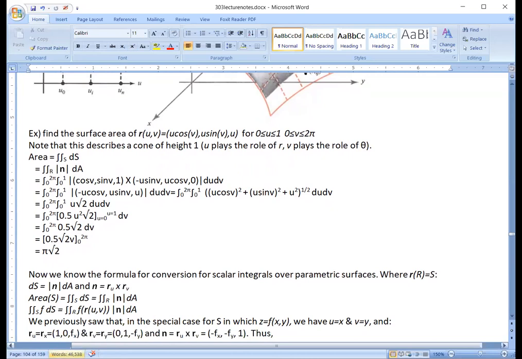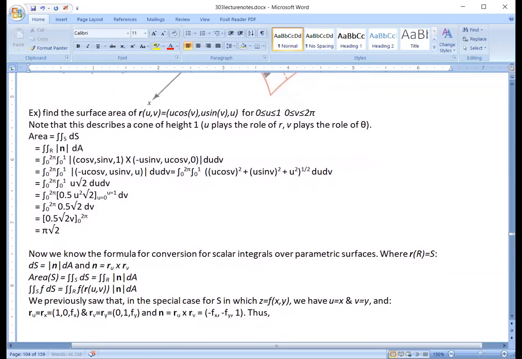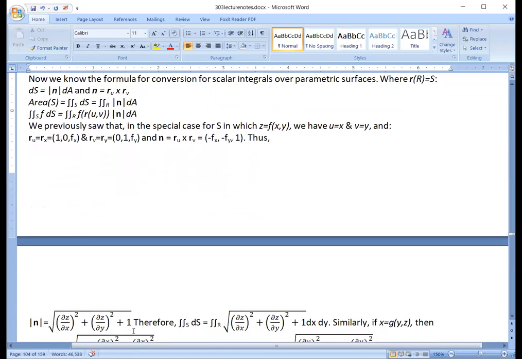And then dr dv is just dr dy, which calculates to 0, 1, df dy. And then the normal vector, the cross product of those things just calculates to negative f dx, negative f dy, 1.